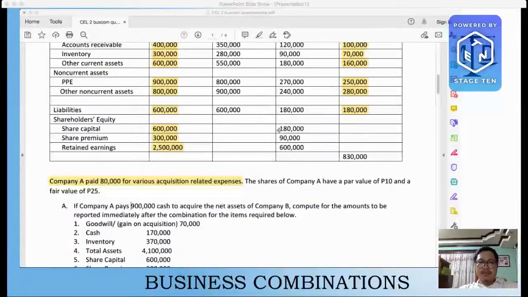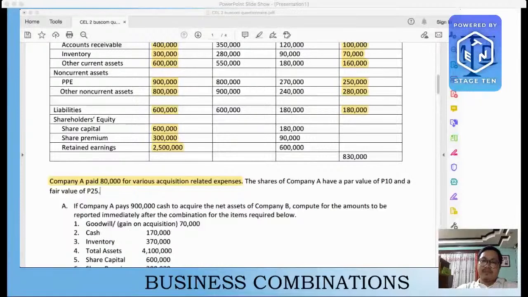Okay, based on scenario A, class, we were able to compute before that the resulting goodwill is 70,000. And we know that the consideration was 900,000. So to work this back, just deduct the 70,000 from your 900,000, and indeed the fair value of net assets is 830,000. This should not be complicated.